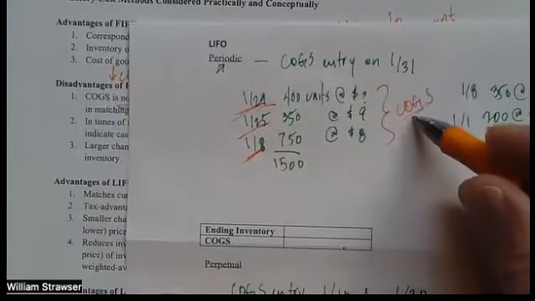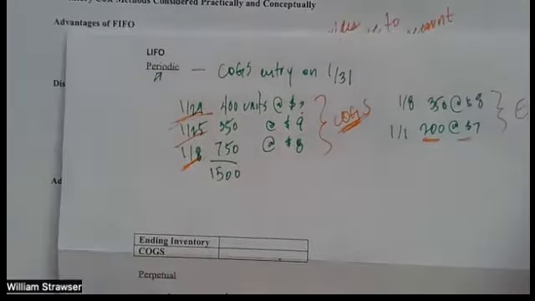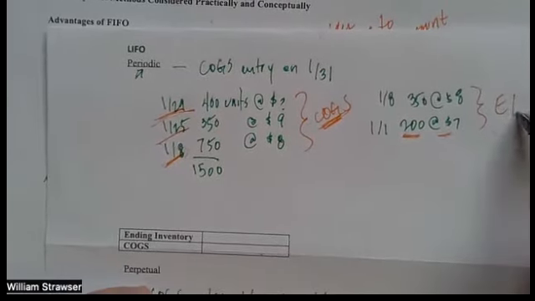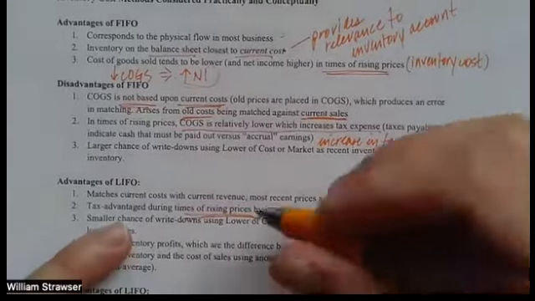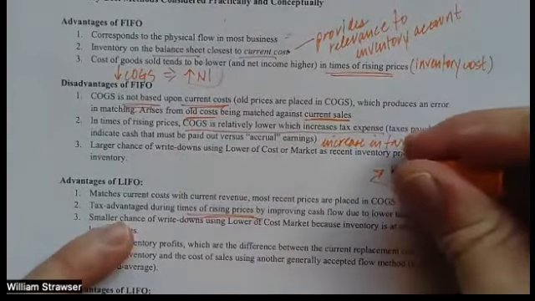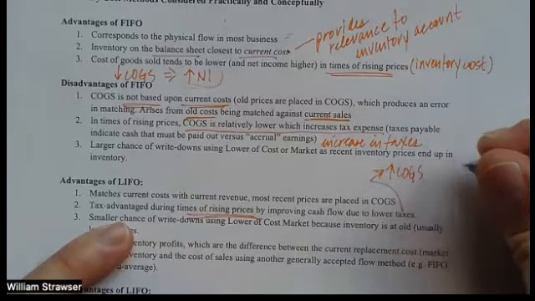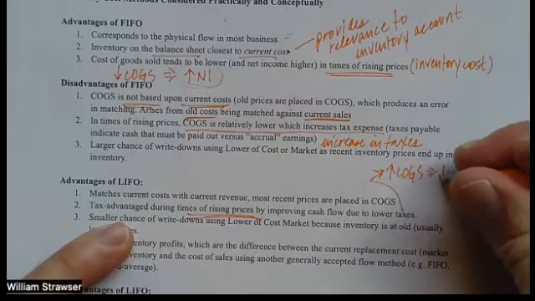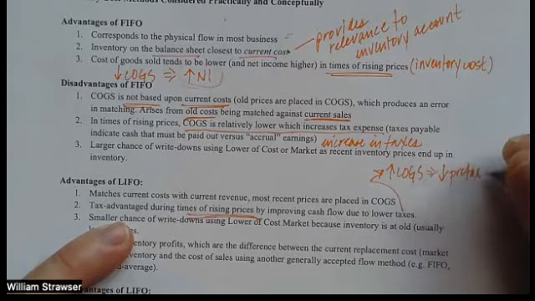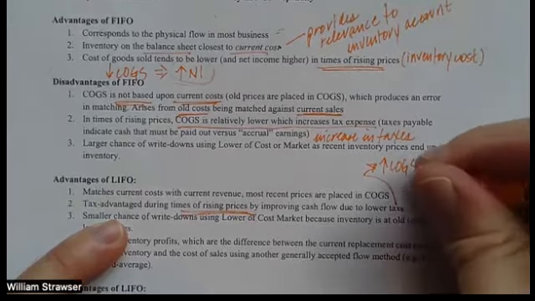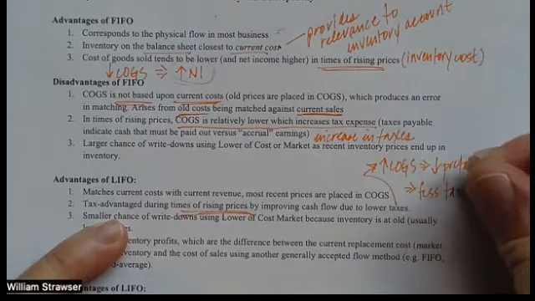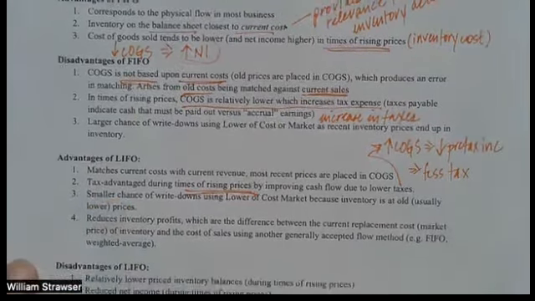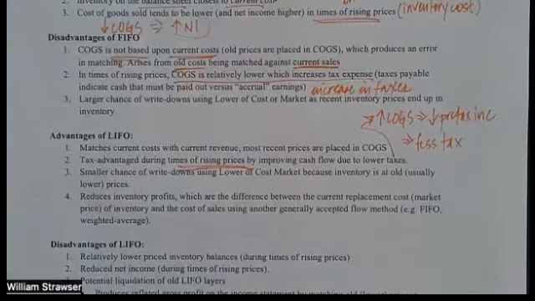My more expensive items are going into cost of goods sold versus the $8 and the $7 that are ending up in ending inventory. So during rising prices, it will increase cost of goods sold, which reduces pre-tax income, which means we have less tax.